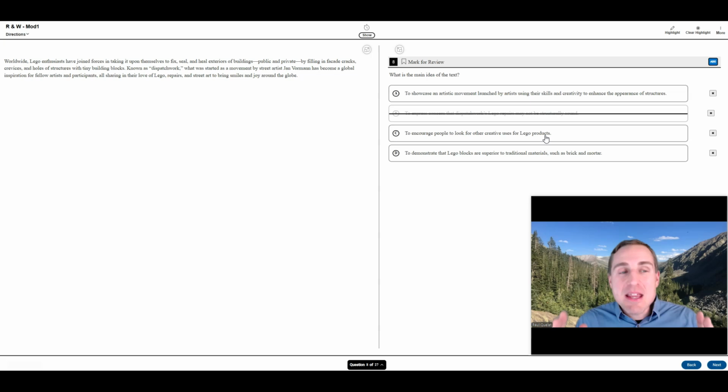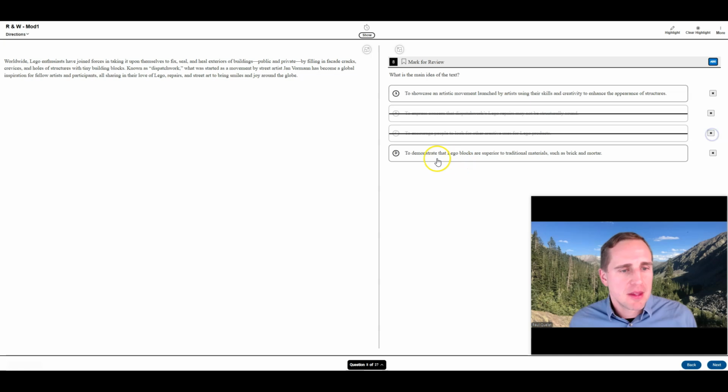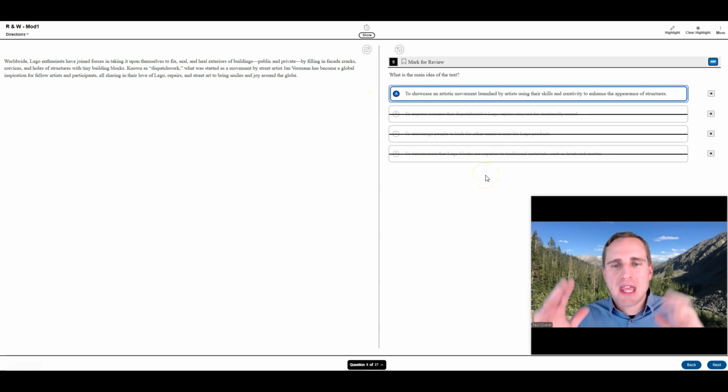I mean, maybe, but that's not necessarily the main idea of the text. We're not focusing on the uses of Lego. We're focused on what's actually happening with the Legos in the buildings. To demonstrate that Lego blocks are superior to traditional materials such as brick and mortar. Not necessarily. We can't be sure that it makes the building stronger, so it is an artistic movement to enhance the appearance of structures. Okay, so we're going to move on.